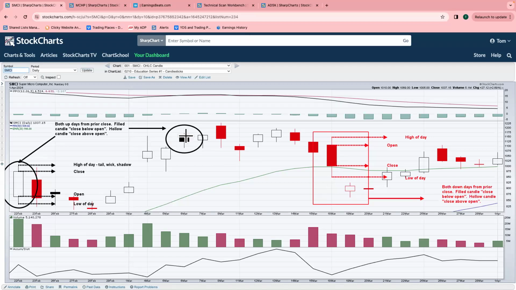So they were selling intraday. That could be bearish. So these are just more uncertain type candles. You really have to take it in context with what's going on in the chart. But any other time, a solid hollow candle like this tends to be bullish. A big red filled candle like that tends to be bearish.